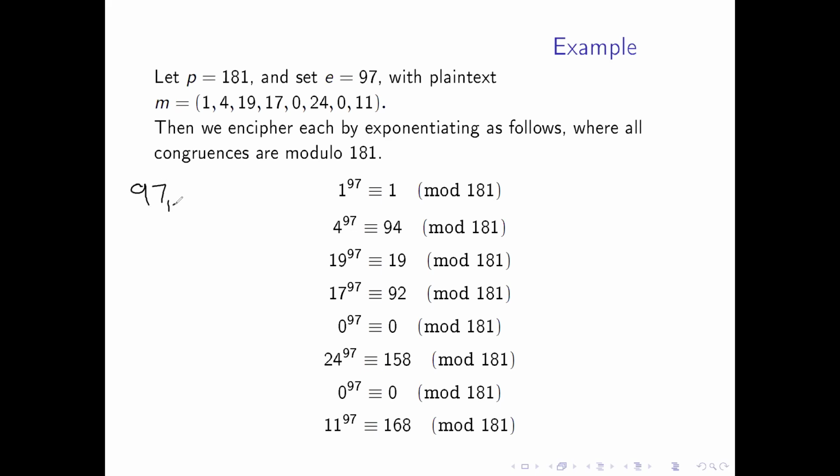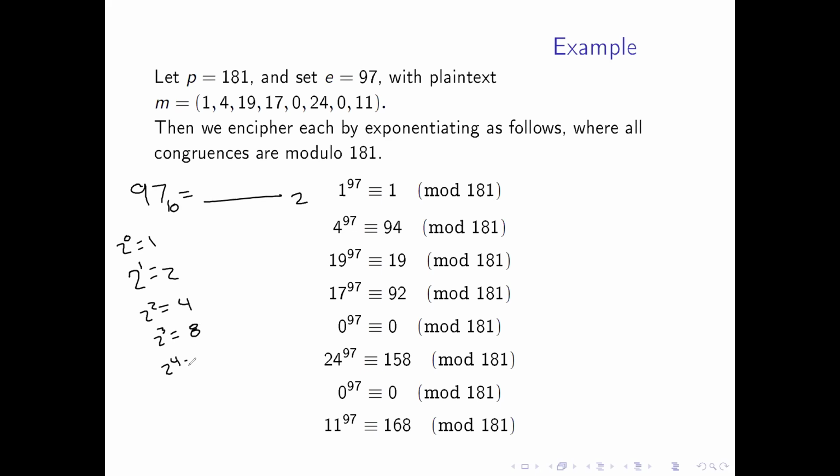97 is a base 10 number. This equals what in base 2? Essentially, let's look at the powers of 2. 2 to the 0 obviously is 1. 2 to the first is 2. 2 to the second is 4. 2 to the third equals 8.